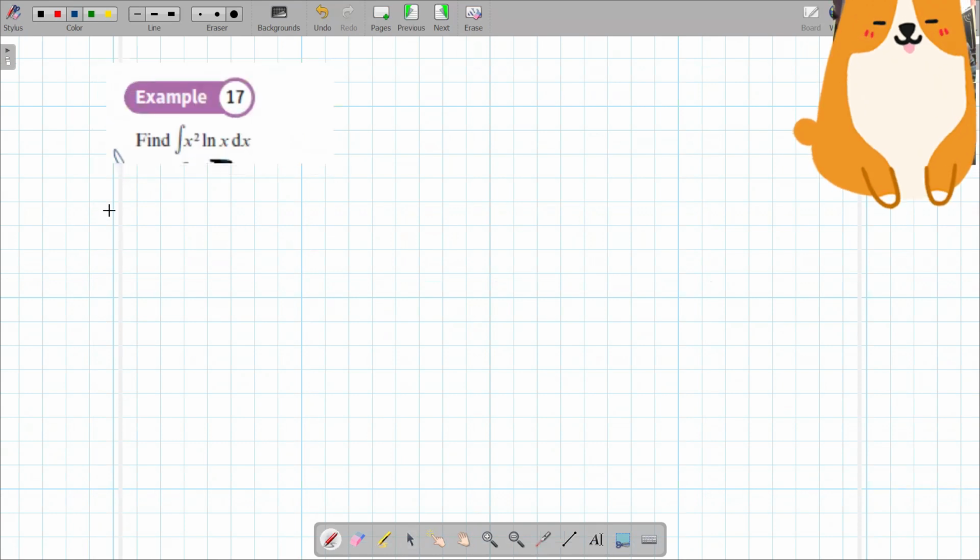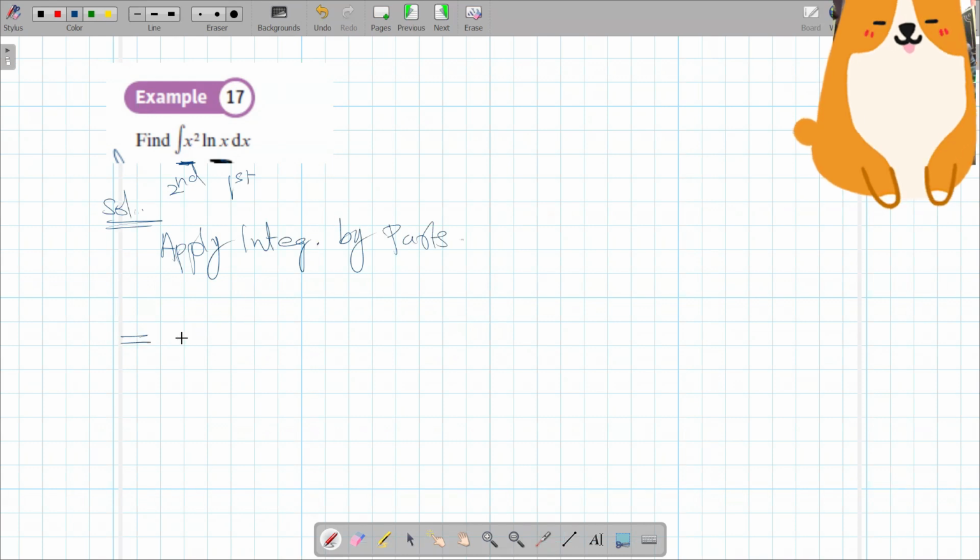So how would you start? We will say that we will take log x as the first function and x square as the second function. So we will apply integration by parts. Apply the method of integration by parts on this integral.